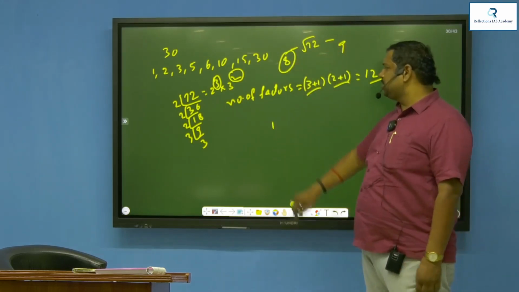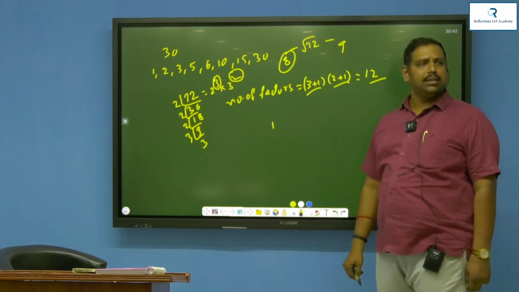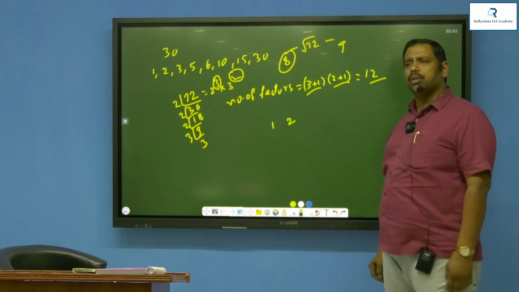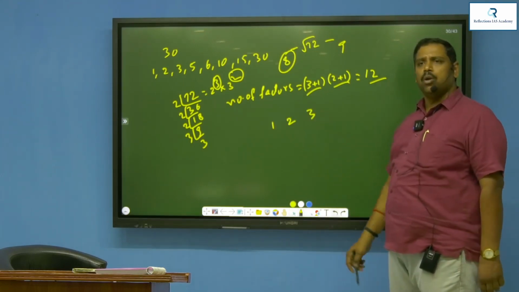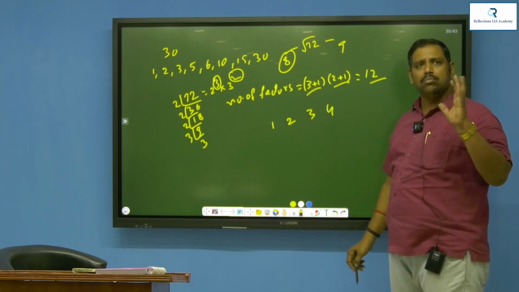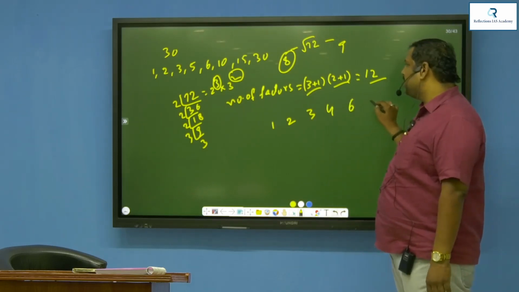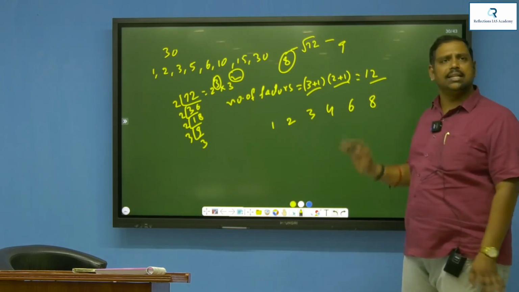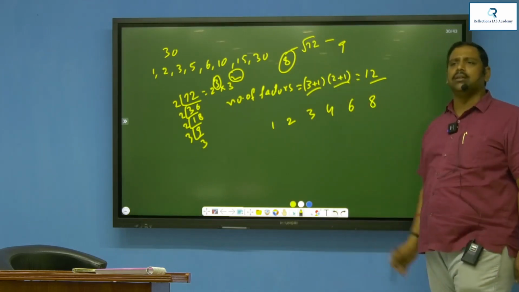Is 1 a divisor of 72? Yes. Is 2 a divisor of 72? Is 3? 4, 5, 6, 7, 8. 8 is divisible, right? Okay. I said verify up to 8.